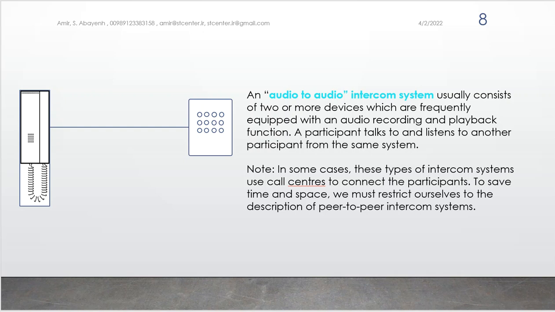A participant talks to and listens to another participant from the same system. So this is a two-way communication. Note, in some cases, this type of intercom system uses call centers to connect the participants. To save time and space, we must restrict ourselves to the description of peer-to-peer intercom systems.